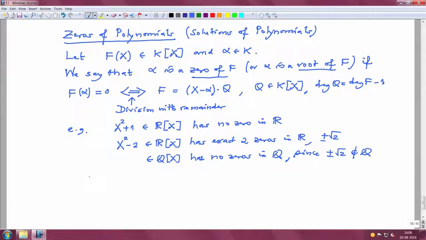Also, I will introduce a notation here: V_k of f, this is all those alpha in k such that alpha is a 0 of f. This is a finite subset of k.